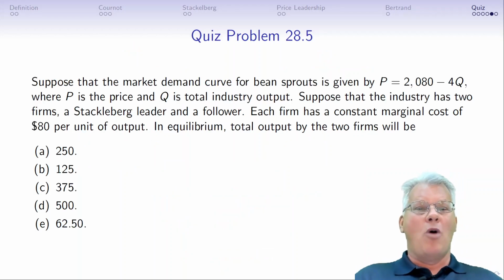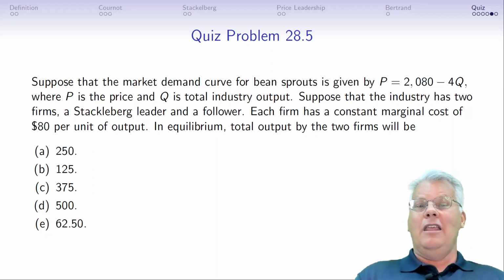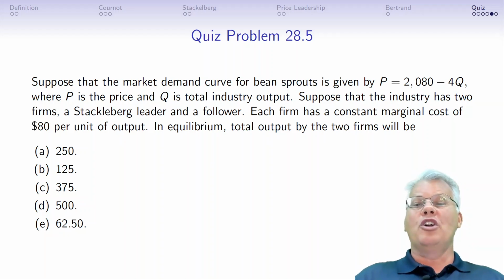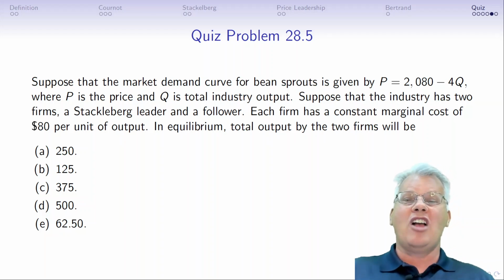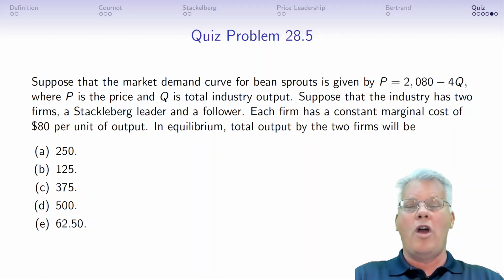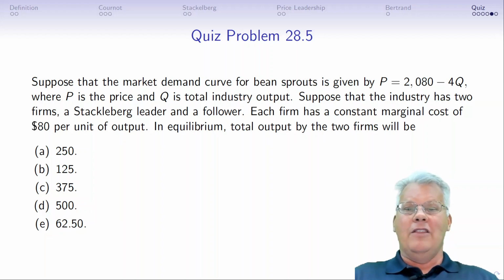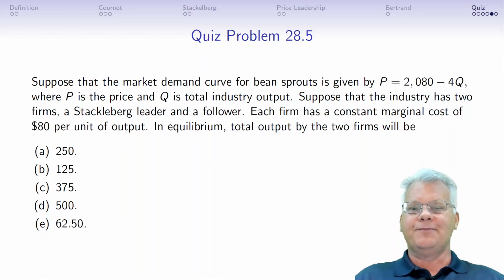Finally, the market for bean sprouts, and we have a Stackelberg leader and a Stackelberg follower. You recall with the Stackelberg marketplace, both firms are determining the quantity to produce, but the leader firm gets to move first. And then the follower responds to what the leader announces or does.